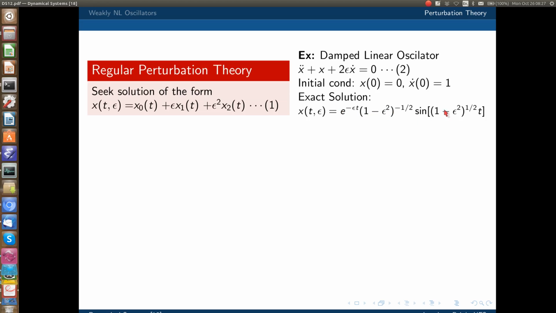Because I chose x of 0 equals 0 initially, the cos term vanishes and I'm left with the sine term over here. So this is your exact solution as a function of epsilon, which is very nice because we can now apply and play with all our perturbation theory expansions and compare them.